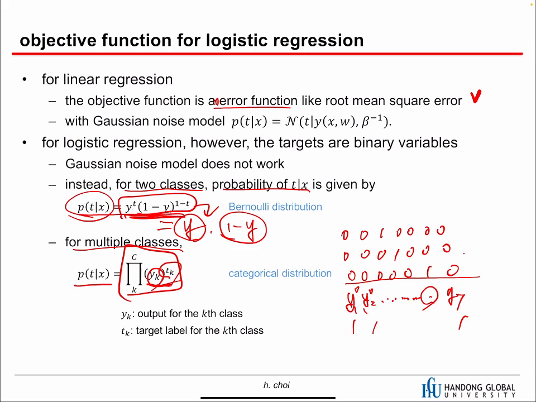And how about this one? y sub 6 to the power of 1 is y sub 6. If we multiply all these probabilities, we get y6. This will be y1 if the target class is the first class, or y2 if the target class is the second class, etc. So this is our probability.